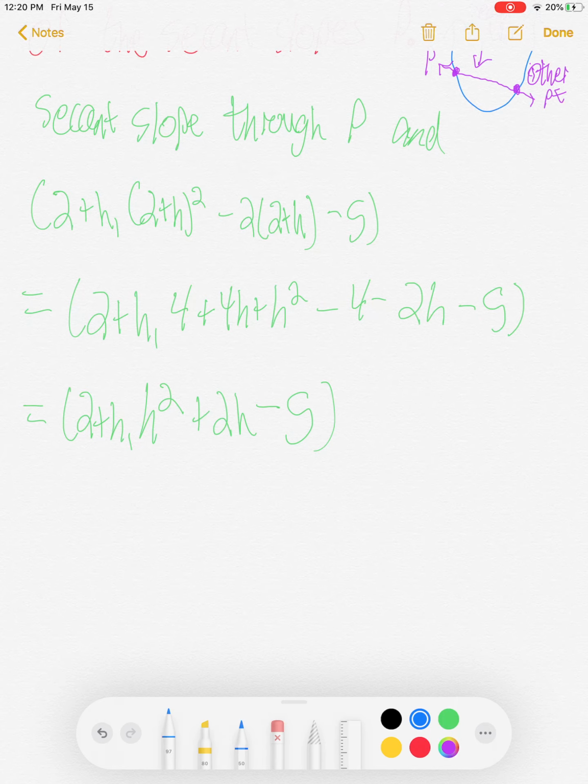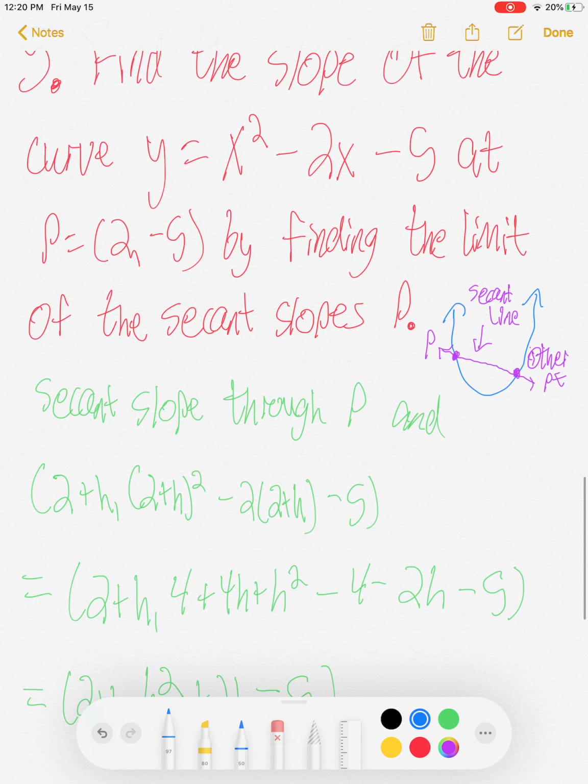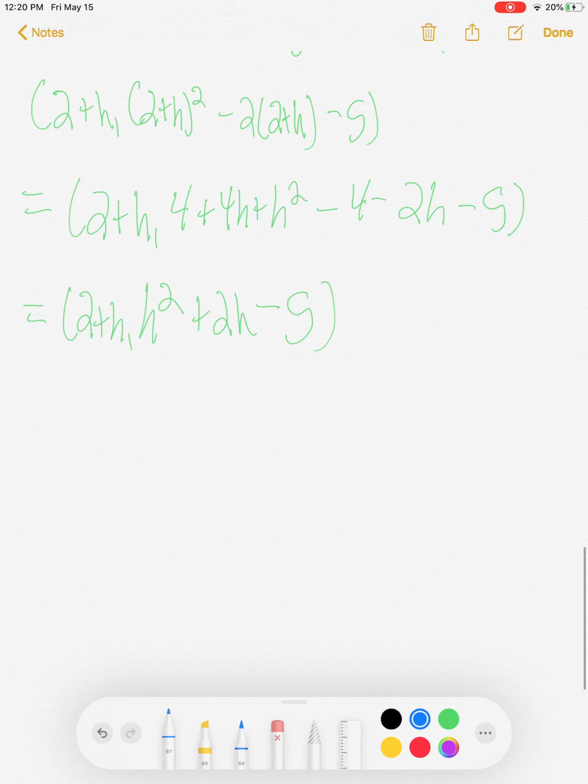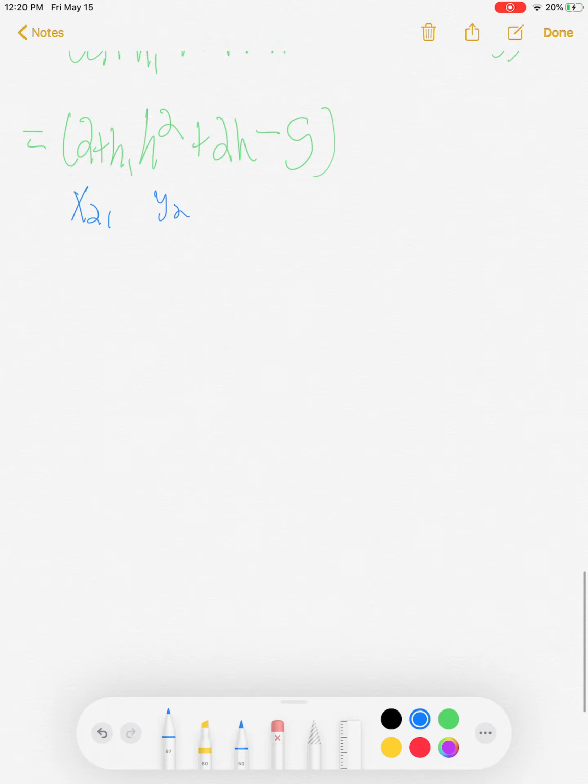Okay, so again, we can think of this point P as our x1, y1, and the second point here as x2, y2. So I'm going to go ahead and write the limits from the beginning now. We want the limit as h approaches 0 of change in y over change in x.